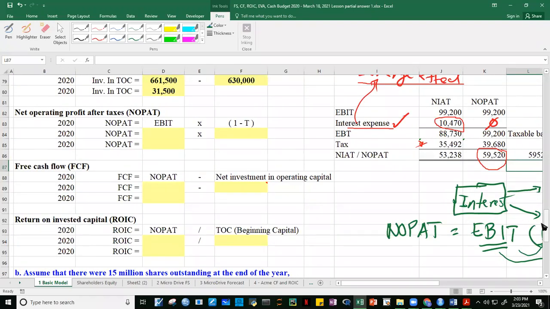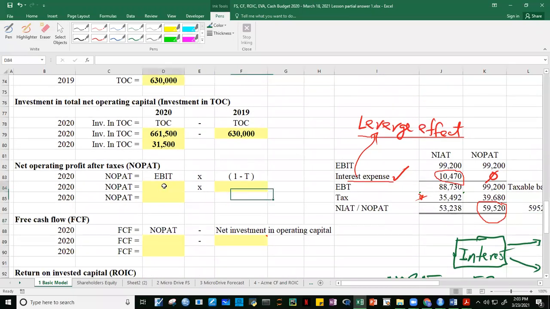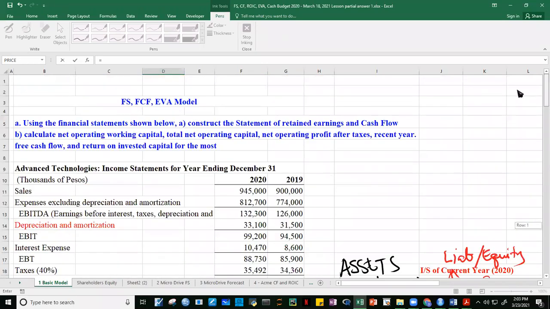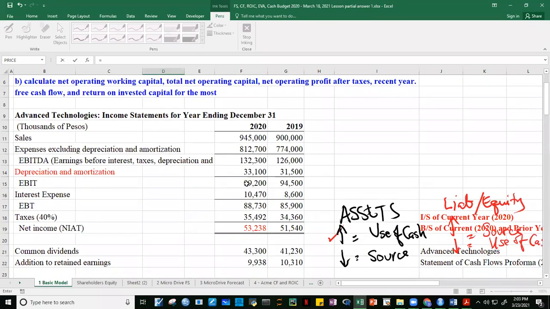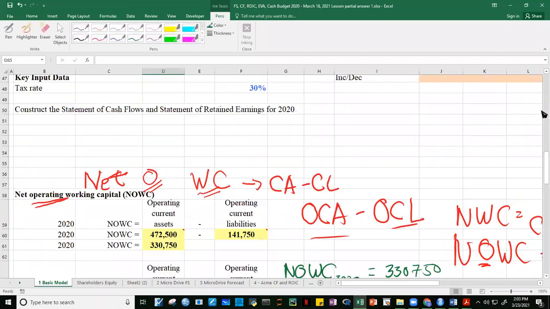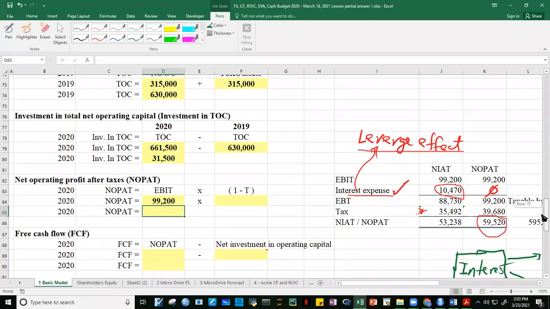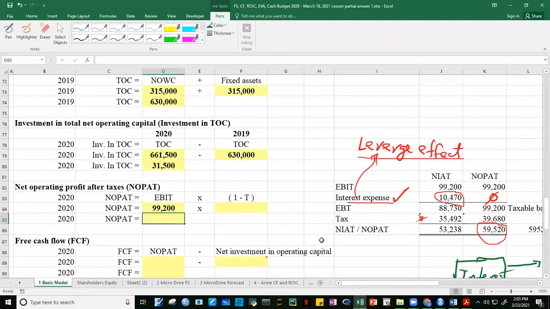So let's compute our NOPAT here. This is the formula I was talking about. We start with your EBIT. Let's take it from above, so our EBIT is 99,200. Let's put the tax rate here, 40%.